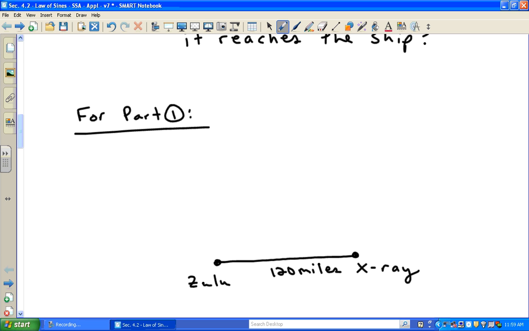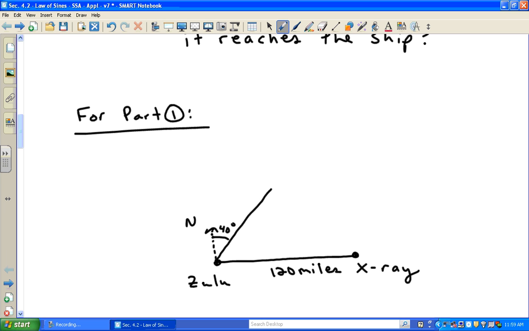I'm going to draw a dotted north line from station Zulu, and then rotate 40 degrees from the north line. This line represents the line on which the ship is located.